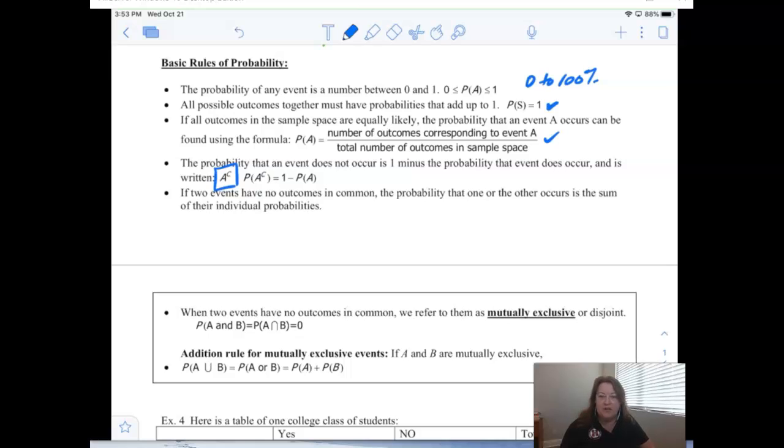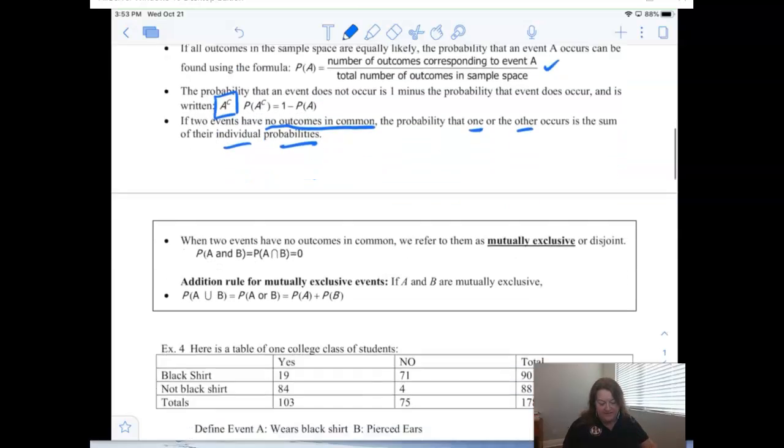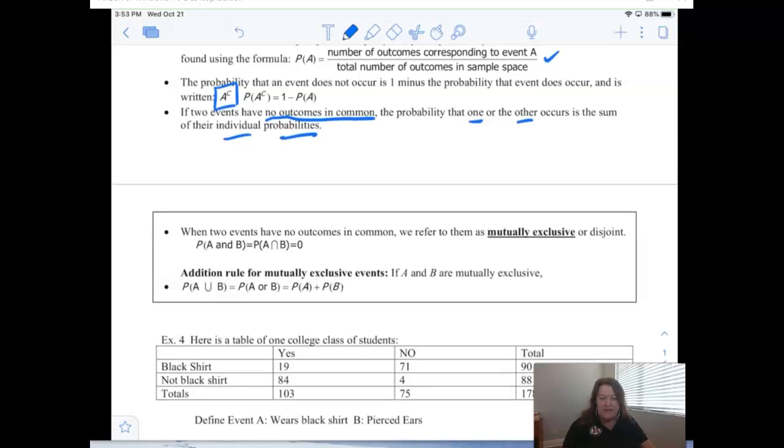If two events have no outcomes in common, the probability that one or the other occurs is the sum of their individual probabilities. Now, having nothing in common means they are what? They would have to be something that you can't have together. So what would be something that you can't have together? The only thing that comes to mind is, oh, let's do this one. You're wearing shoes or you're not wearing shoes.